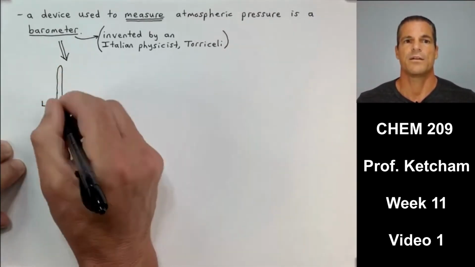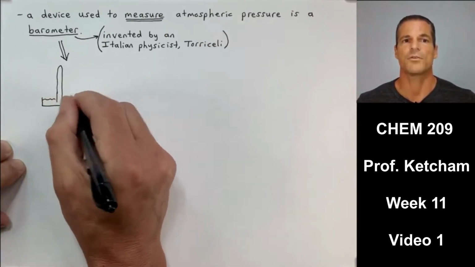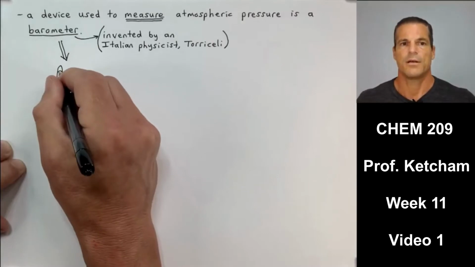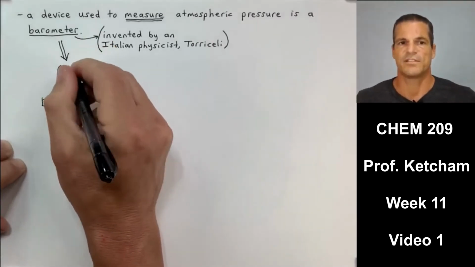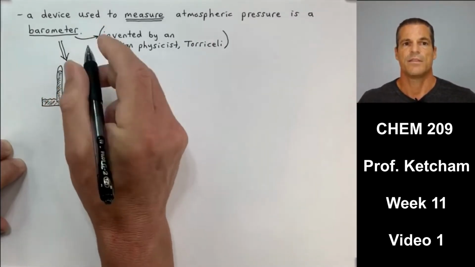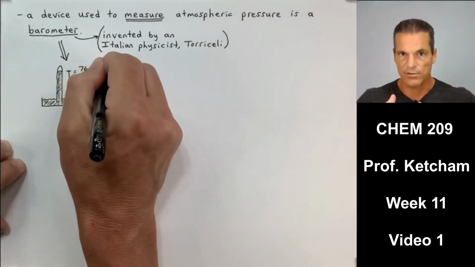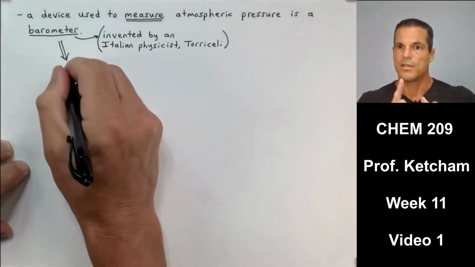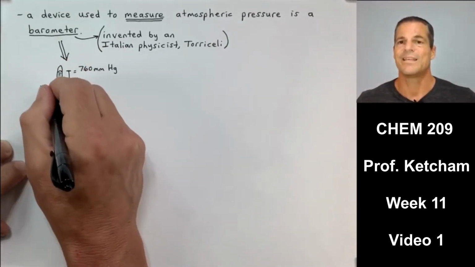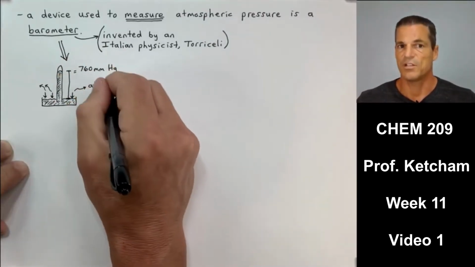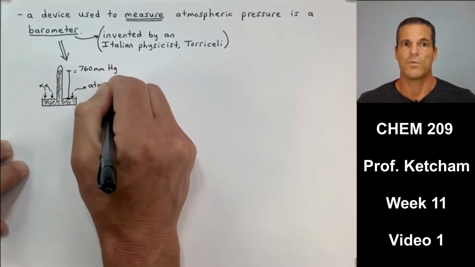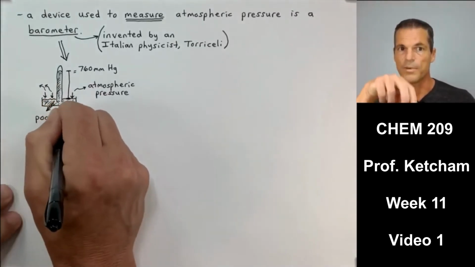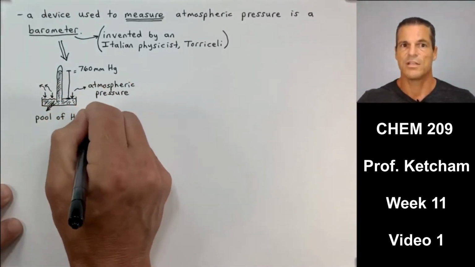So what I'm drawing here is a little pool of mercury down below. Now I've made a wider kind of pool so you can see it there for emphasis. But the atmospheric pressure is pushing down on that pool of mercury. And the atmospheric pressure pushes down, it pushes mercury up that tube a distance of 760 millimeters. So the mercury moves up that tube, which is open on the bottom, and submerged in the pool of mercury.